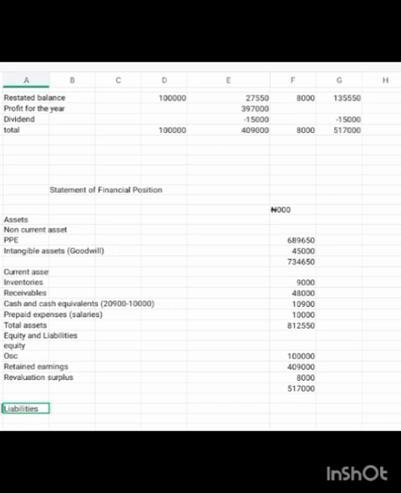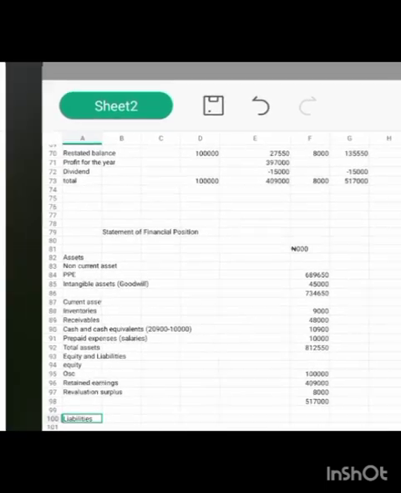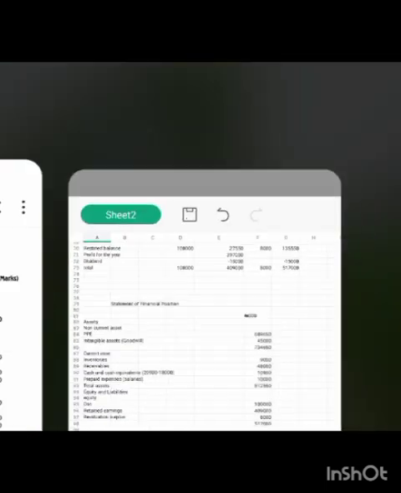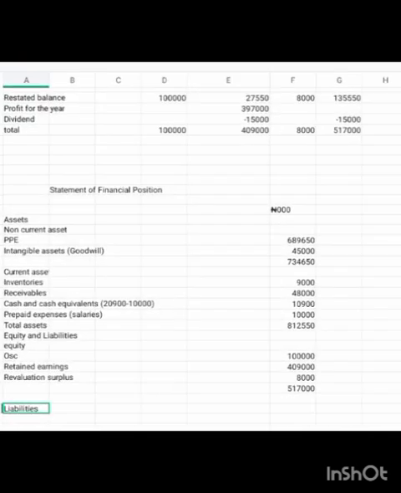Under our liabilities, we have non-current liabilities and payables. Let us split it. Under non-current liabilities, we have the loan, the borrowed amount, which is 100,000.